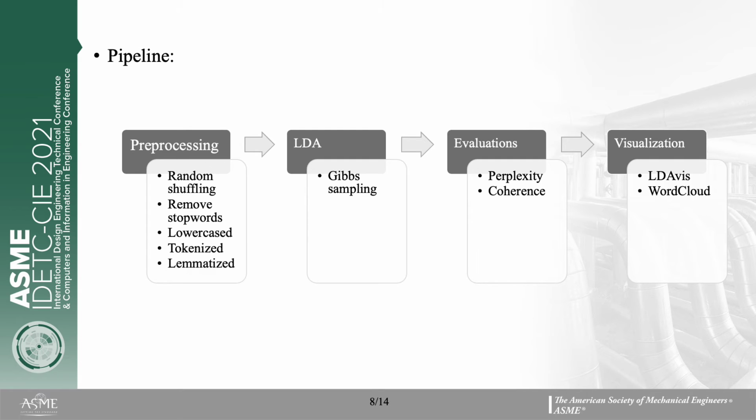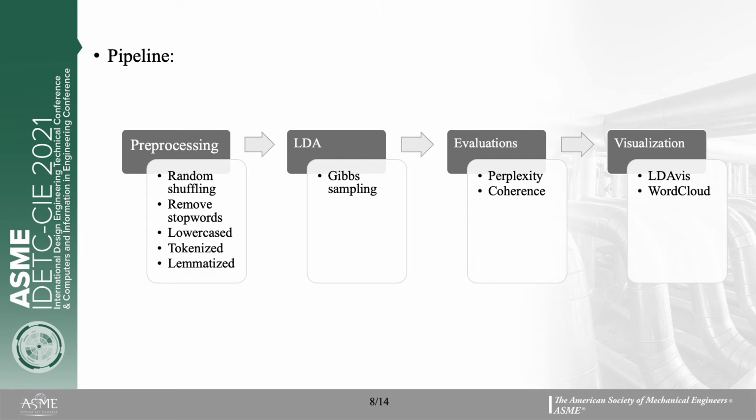All three projects will go through the same data pipeline. In the pre-processing step, because of the bag-of-words assumption, all the documents can be randomly shuffled, and all the stop words are removed. The rest of the words are lowercased, tokenized, and lemmatized.